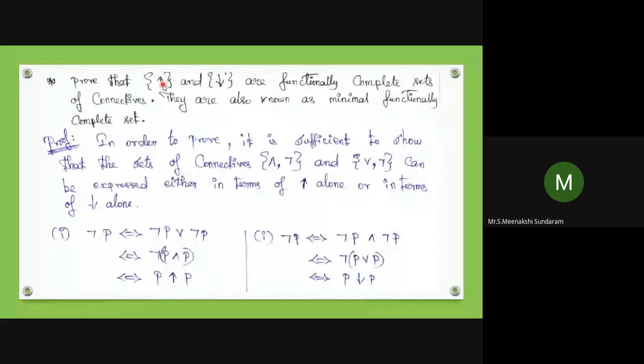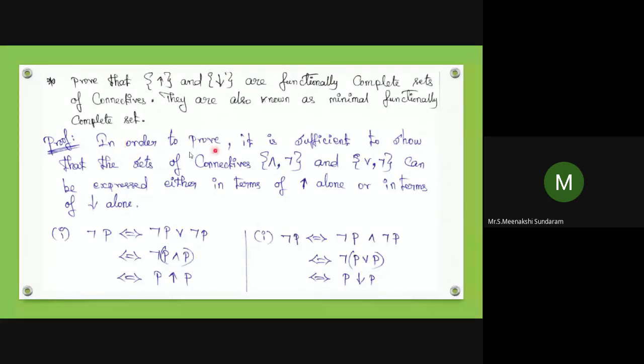That's why you can say it is a minimal functionally complete set. With a single connective you can use it alone. In the previous ones, conjunction alone, disjunction alone, or negation alone cannot express everything, but NAND and NOR can.